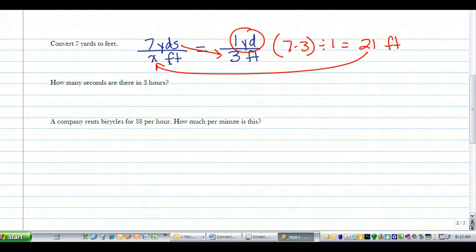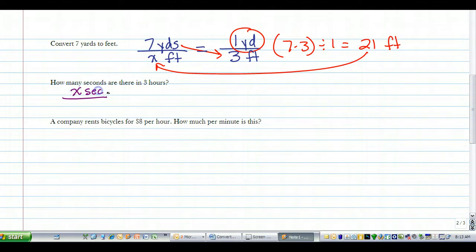Okay. Hopefully starting to get a little easier. Let's do another one. How many seconds are there in 3 hours? All right. So how would you set this up? How many seconds? So we don't know that. That's our x.